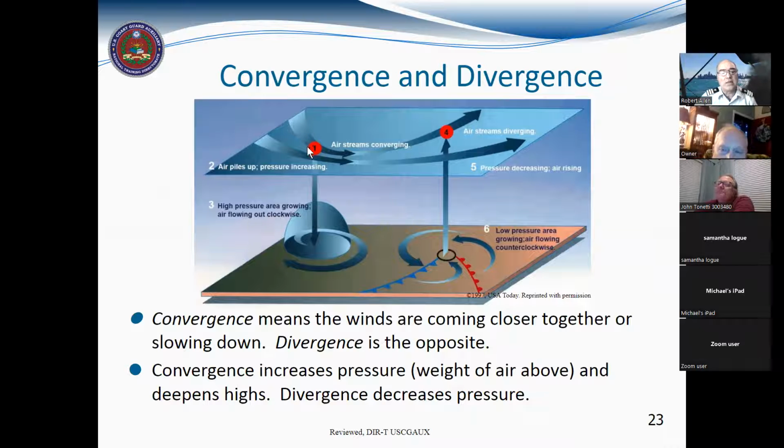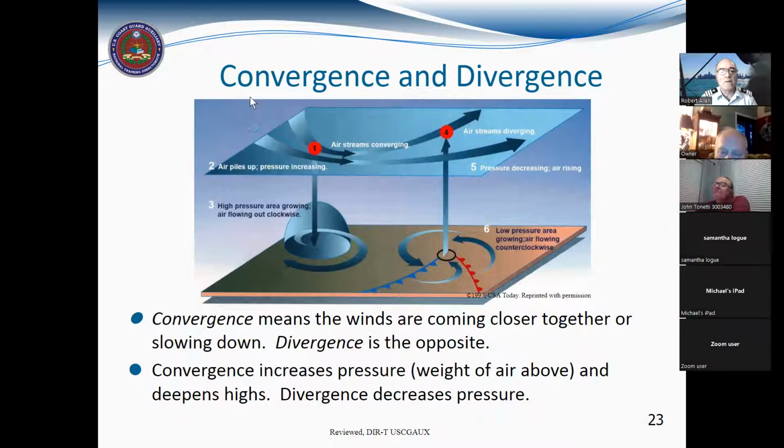And as it forces air down, where the air converges aloft, that's going to cause higher pressure down here. So here you have higher pressure. As the air piles up in the upper atmosphere, it's going to push down because that air takes up space. It needs someplace to go.